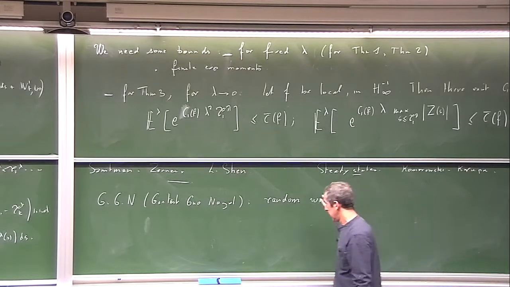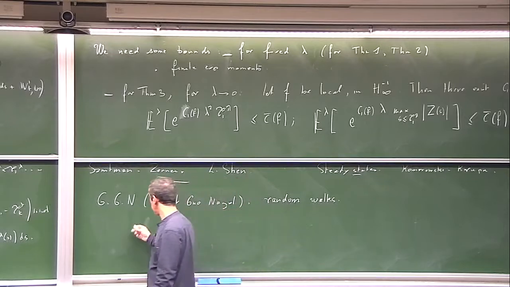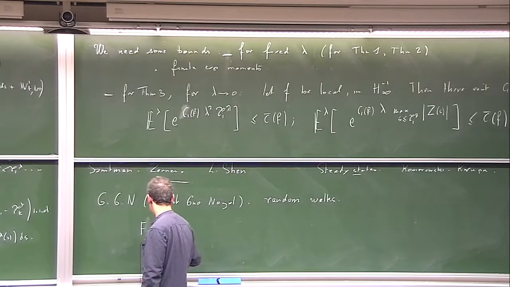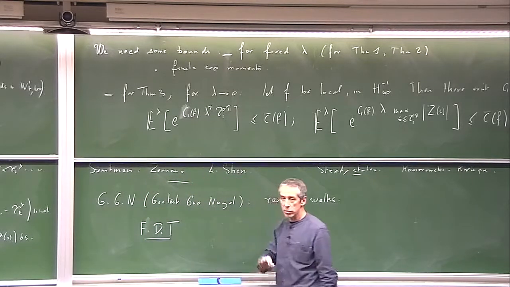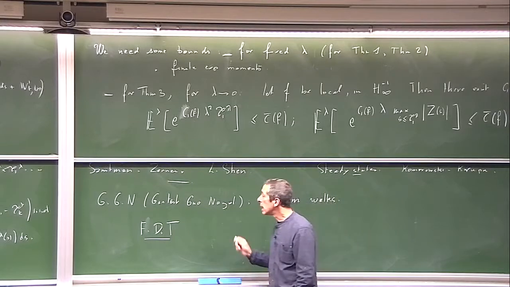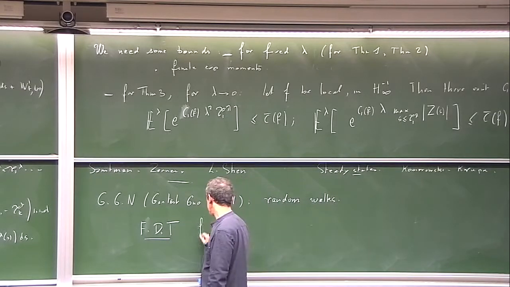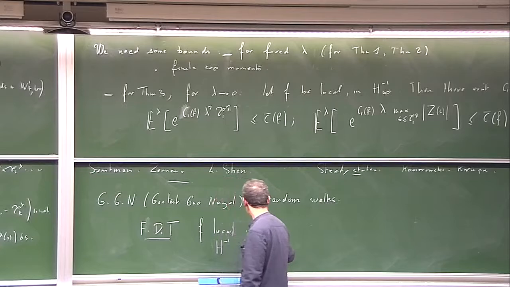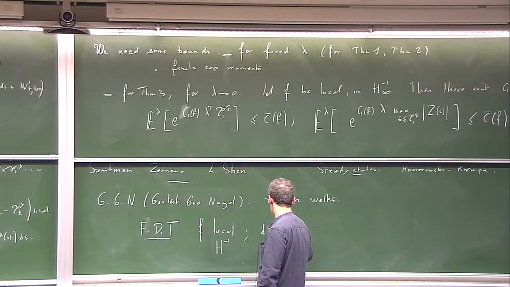So they construct steady states, and then they prove, let's say, the fluctuation-dissipation theorem, as we do. So they take the derivative of the steady state, but they prove it when f is local and h-1, and when d is larger or equal than 3.